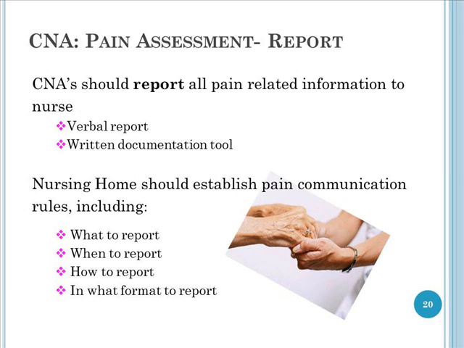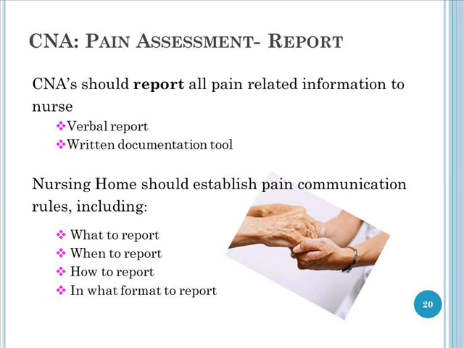It's important to report all pain-related information to the nurse so that they can follow up with a more in-depth evaluation. So report verbally to the nurse in charge so that they can follow up, and document in a written documentation tool that your nursing home uses to record what you're observing.